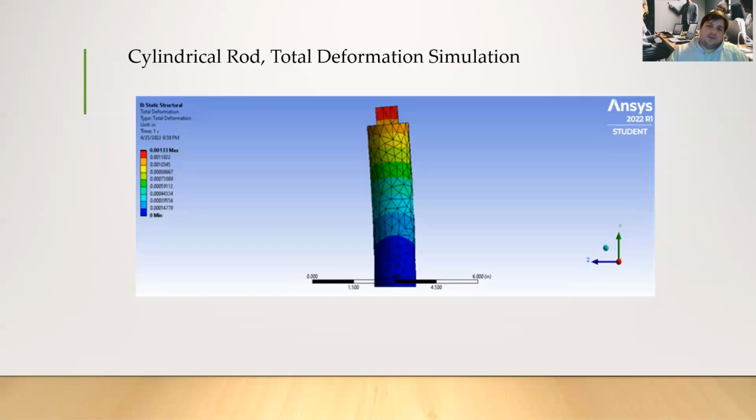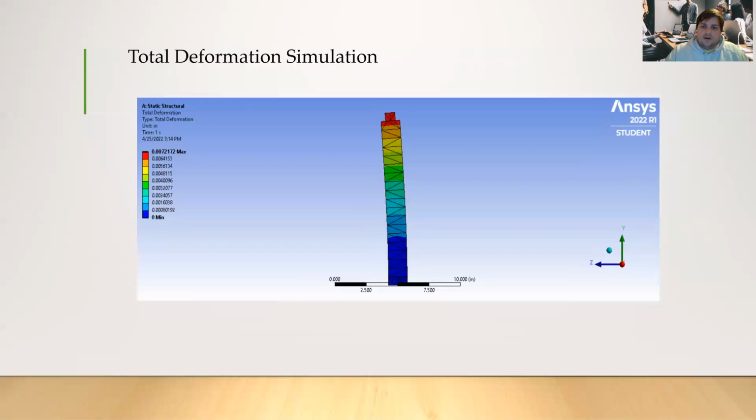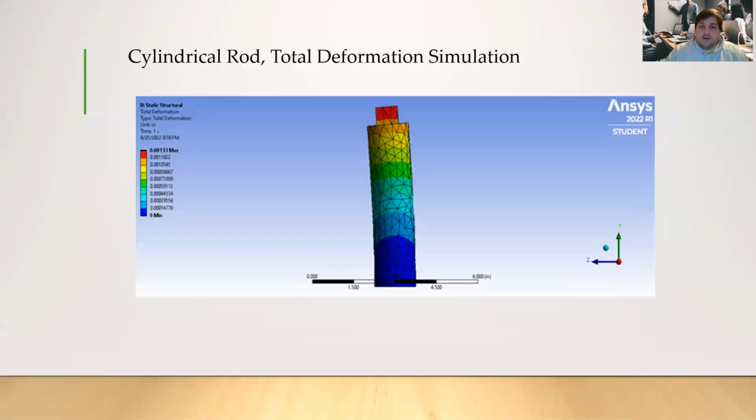While in the case of the cylindrical rod, it was a bit more focused near the peg, and then when it got to the rod, it got significantly more dispersed. I guess that was kind of an indication of why they would be using cylindrical rods a little bit more for this application.